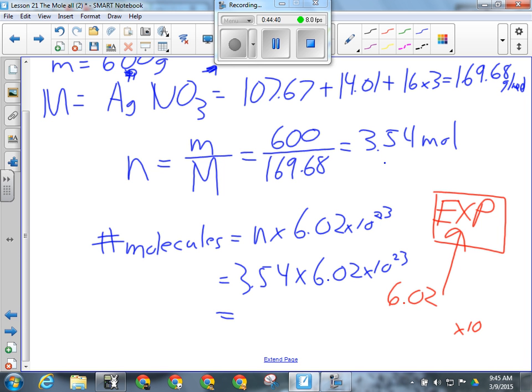Okay, still needs to be all put in brackets. No matter what calculator you're using, you got to use brackets, 6.02, okay, press the EXP button. If it doesn't have an EXP button, it probably has a button that looks like this. Okay, that's basically the only three options you're going to have. Okay, if you can't find it on yours, let me know and I can come around and help you find it. All right, so this ended up being, what did we say, 2.14 times 10 to the 24 molecules.